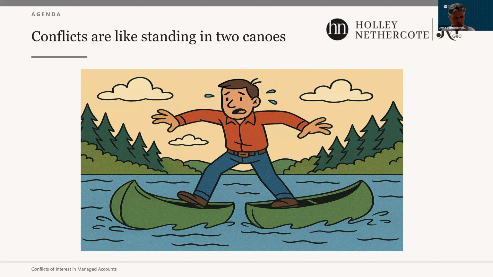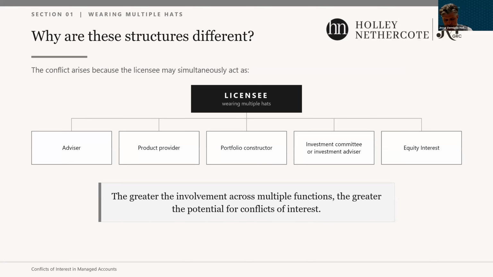Maybe if we can move on now to the next slide. It's about what are the different structures. Oftentimes, conflicts of interest arise effectively because people within the financial services industry hold different roles. In fact, they may well have different hats that they're wearing in terms of the provision of their financial services.